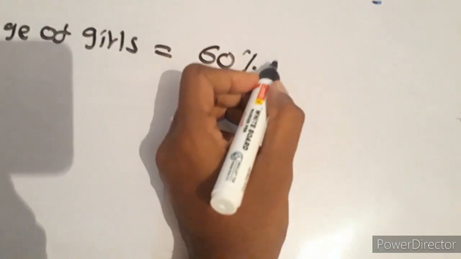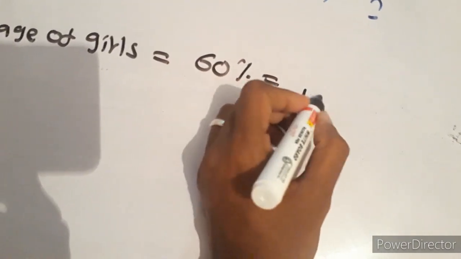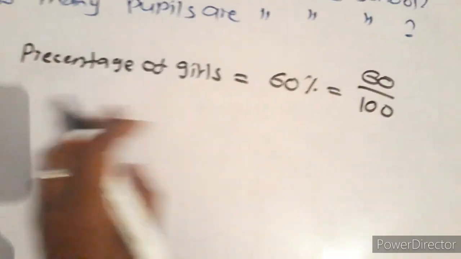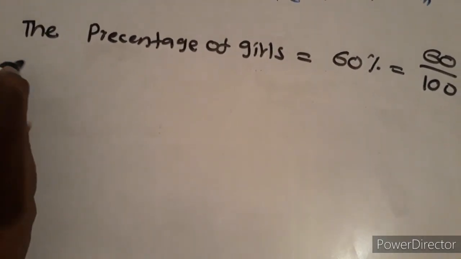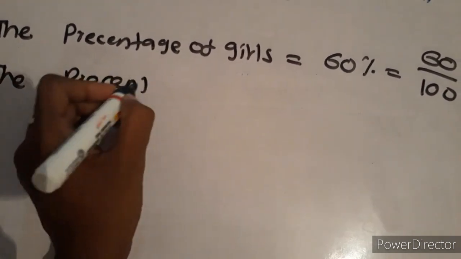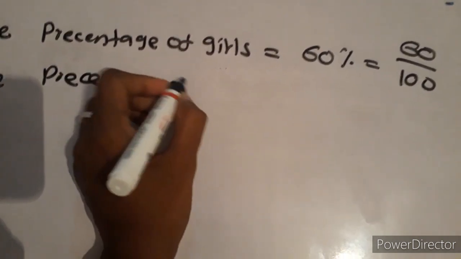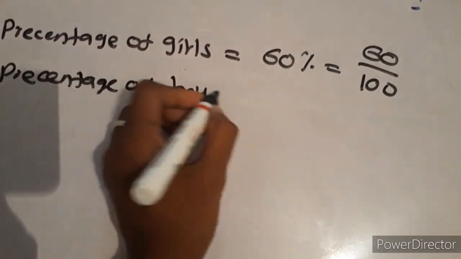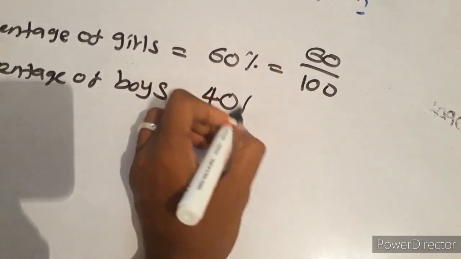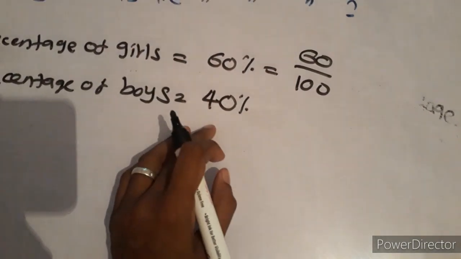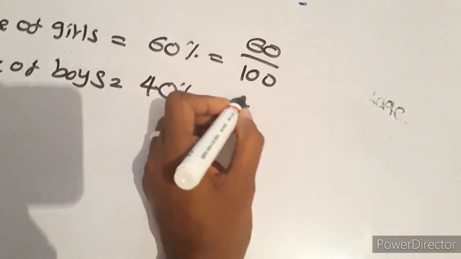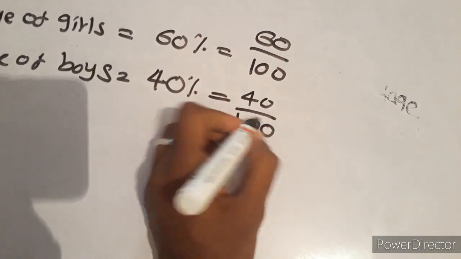If we write it as a fraction, it's 60 upon 100. Then the percentage of boys. Then how much? 40%, no? Then total becomes 100%. So if we write it as a fraction, it's 40 upon 100.